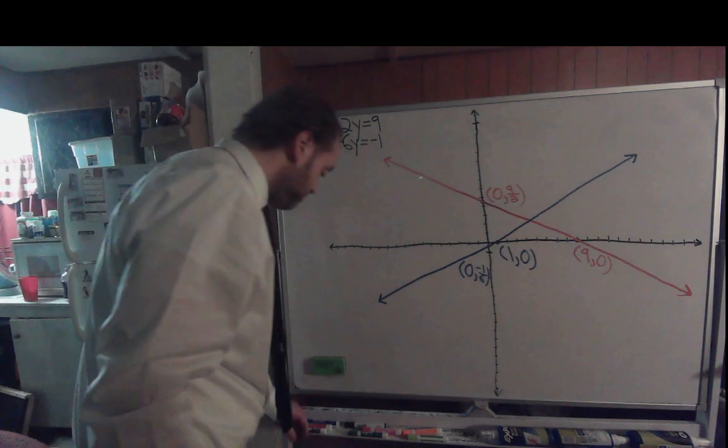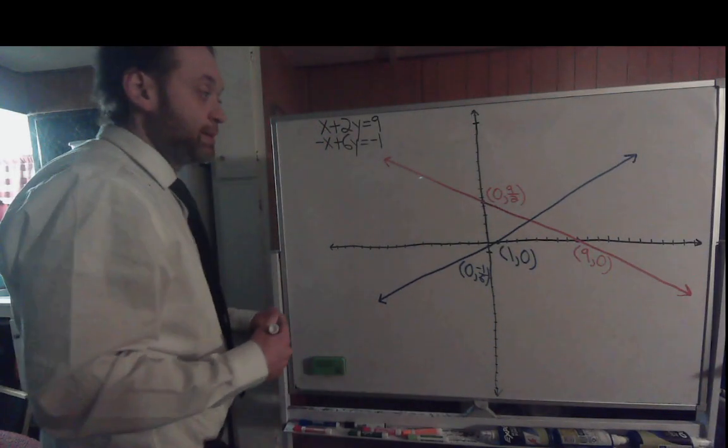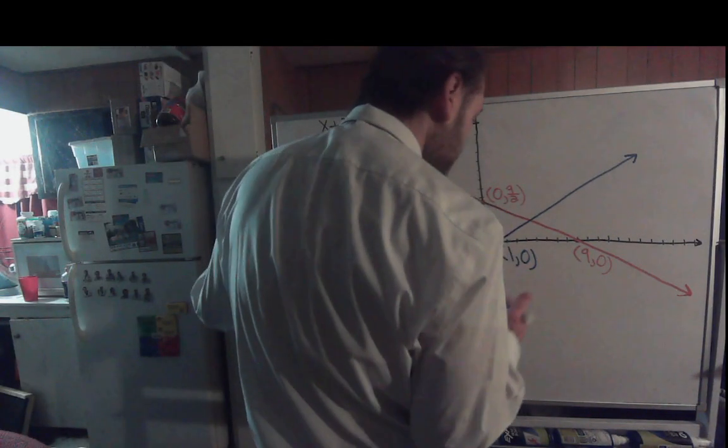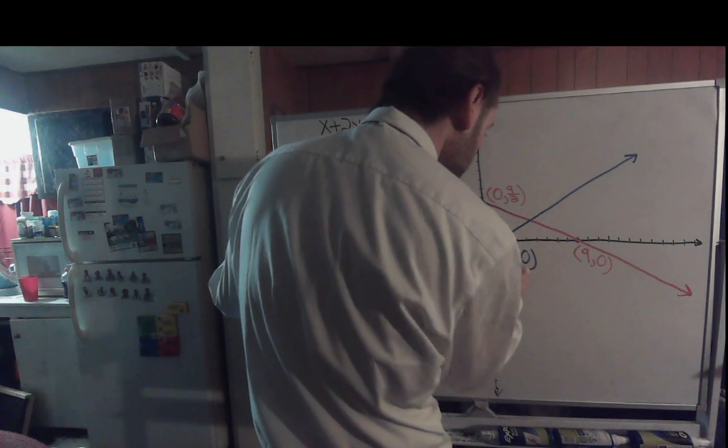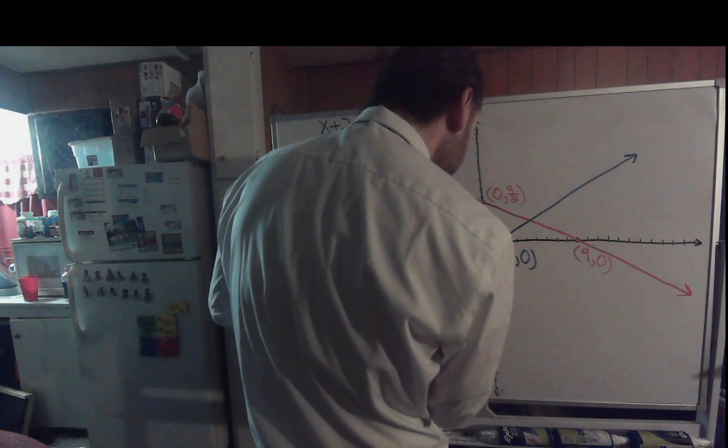Now let's find the point where the lines intersect. Again, this will probably be about an estimation. It looks to be at 4.5 in the x direction and about, I would say, 2 2/3.